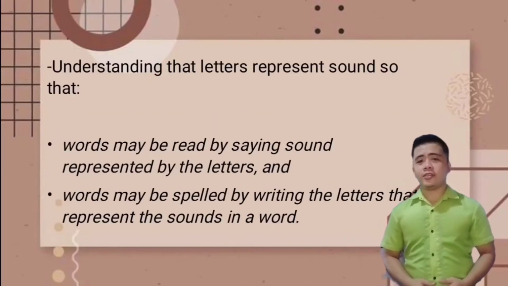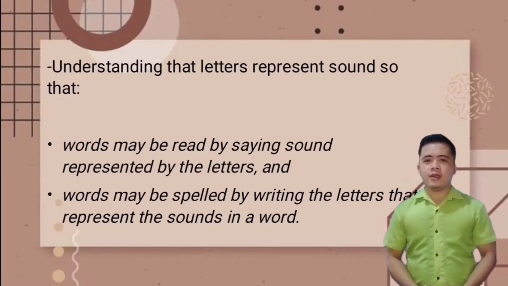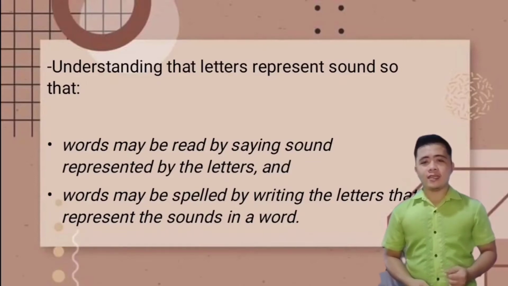It is understanding that letters represent sounds, so that first, words may be read by saying the sounds represented by the letters. Second, words may be spelled by writing the letters that represent the sounds in a word.